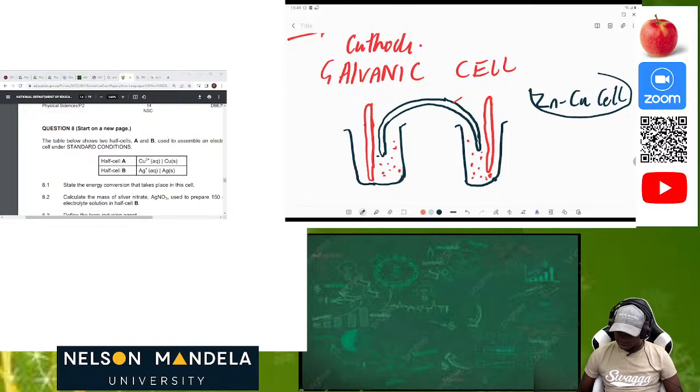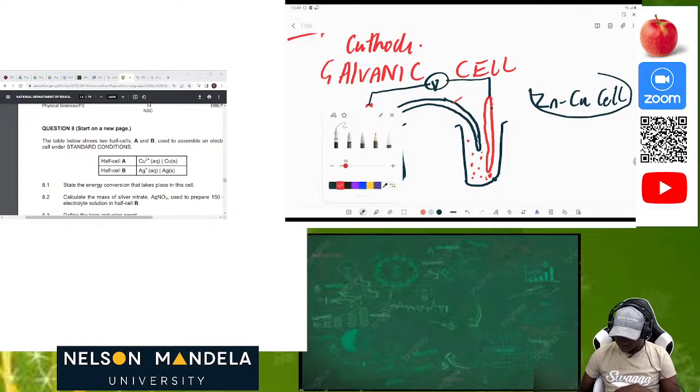So these two are the ones which are in red. They are our electrodes. Then these electrodes now are connected to what we call a voltmeter. It's not connected to a power source. It's connected to the voltmeter. There is our voltmeter. Then now let's label what we have here.